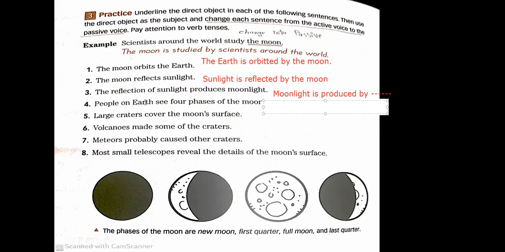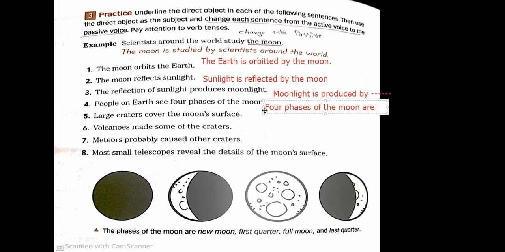So how can we change the sentence from active into passive? We can write the 4 phases of the moon. Is or are? Are. What's the past participle of the verb see?